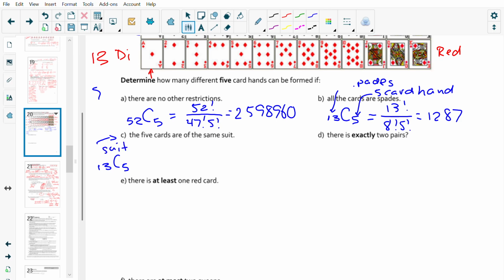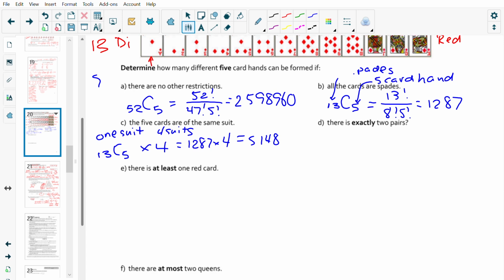That's just for the spade. So this is for 1 suit, but there are 4 suits. I'm just going to multiply by 4. So 4 suits, and that equals 1287 times 4, and I get 5,148.